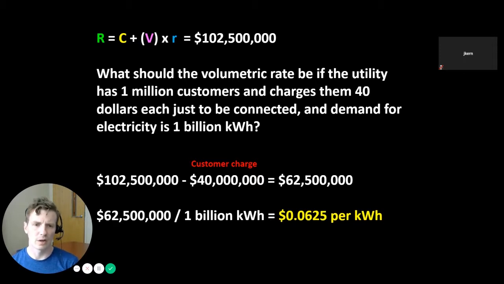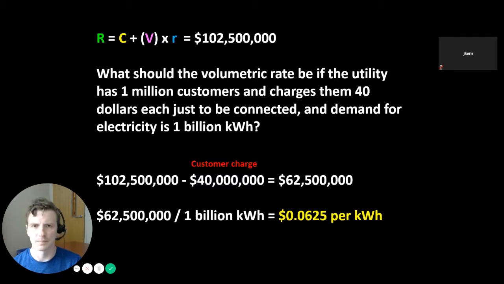So if we're looking for a dollar per kilowatt hour amount that we need to charge for electricity on a volumetric basis, we can say we want to capture that $62,500,000 by selling 1 billion kilowatt hours. And so we can divide 62,500,000 by 1 billion kilowatt hours. And what we get is 6.25 cents per kilowatt hour. So that would be the volumetric rate that this utility would need to sell electricity at in order to cover its costs and also make a rate of return for shareholders, presuming that they're charging also $40 for each customer just to be connected.